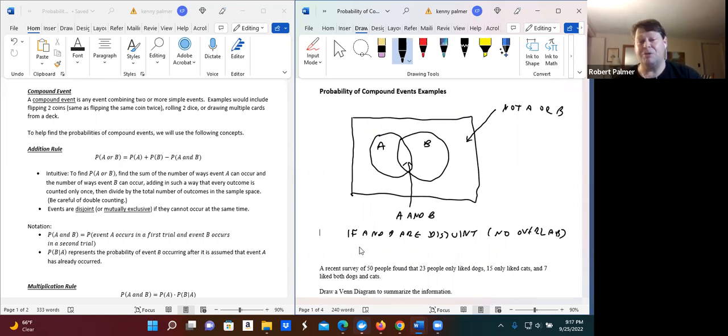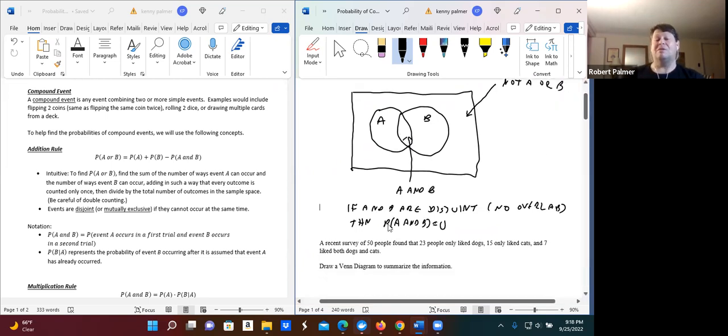So if A and B are disjoint, then the probability of A and B is 0. Okay. If there's nothing there, if there are no events where A and B happen at the same time, then of course the probability of A and B happening at the same time has to be 0.